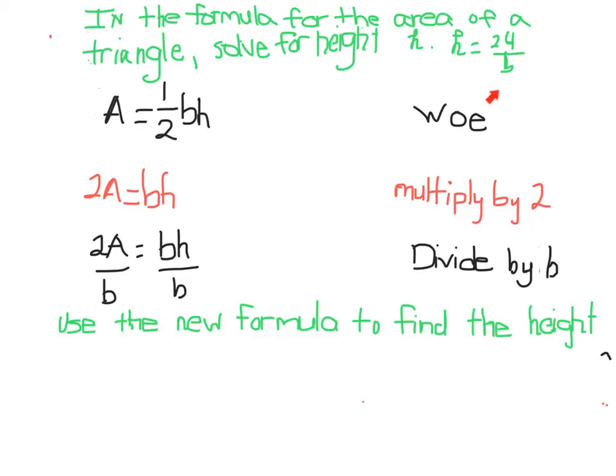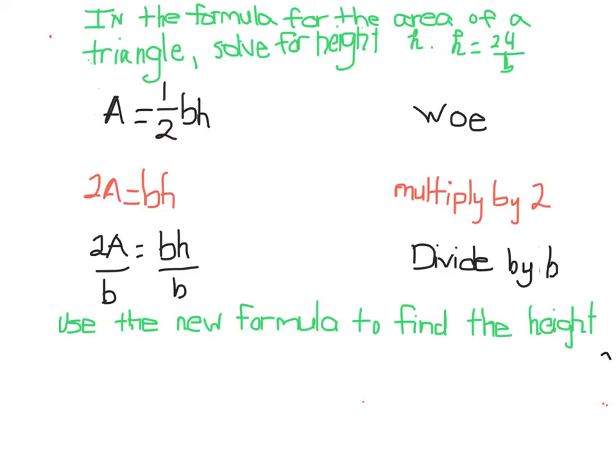So our answer is going to end up with h equals 2a over b. And you probably would say, well, how did we get that? So let's go back and look at the original formula for the area of a triangle, which was A equals 1/2 times bh. So that's our original one. We're going to multiply each side by 2 to get rid of the 2 down here.